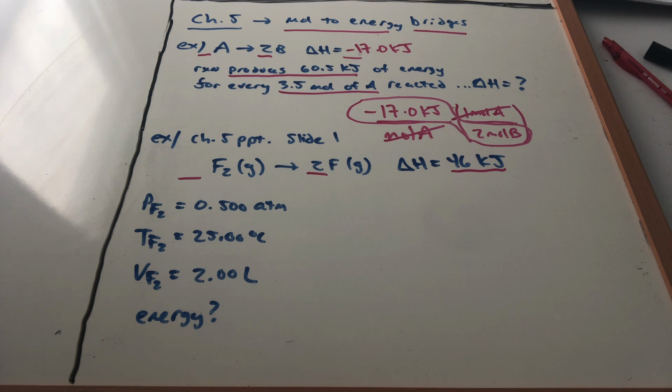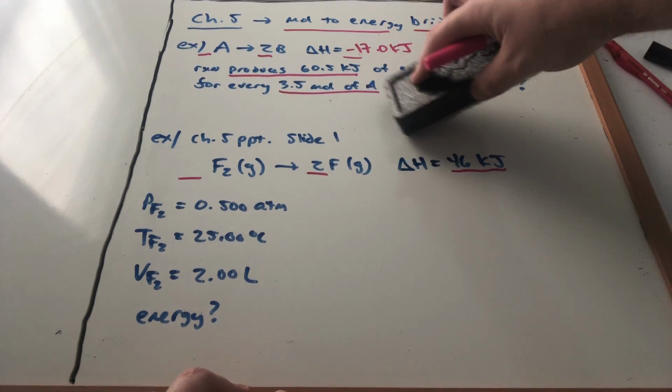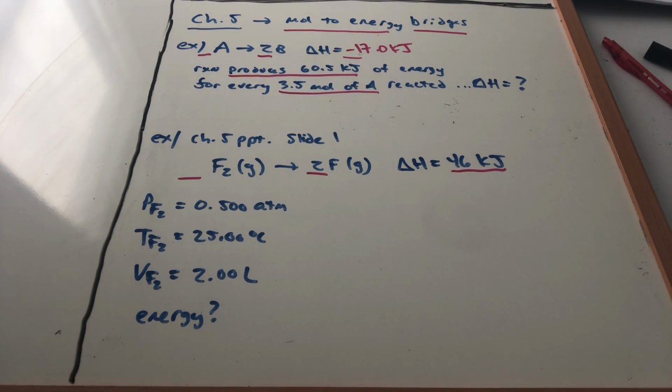So from both those perspectives, we see that this is the correct value for the delta H that you would write in the thermochemical reaction. Okay. Now, most of the time, we actually know the delta H and we're told to use it.